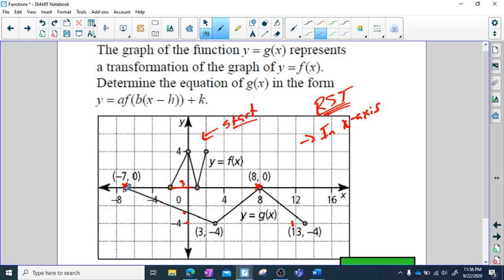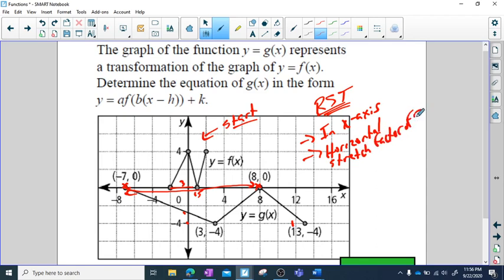Let's look at where they are now: negative 7 over to there. Now the width of that gap that used to be 3 is now 15, which means I've made this graph 5 times wider than it used to be. Therefore, it has a horizontal stretch factor of 5.